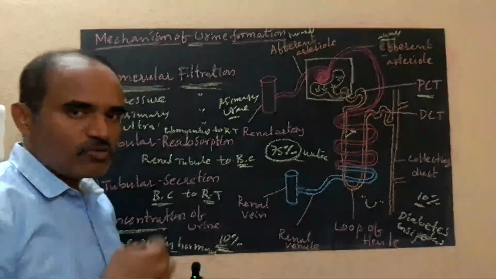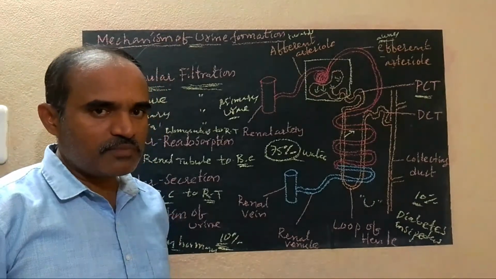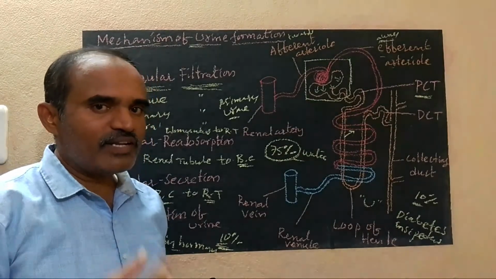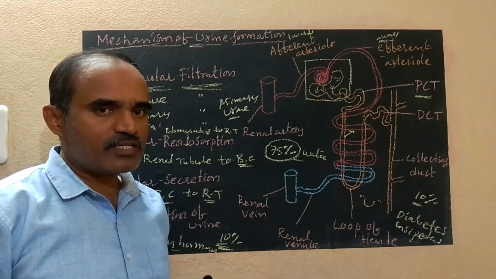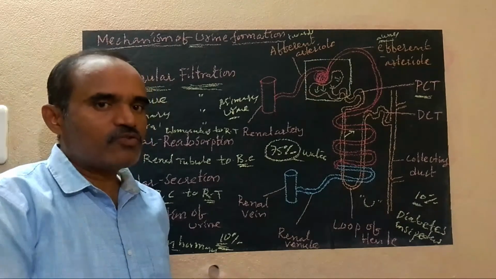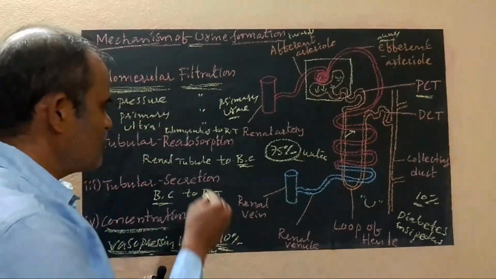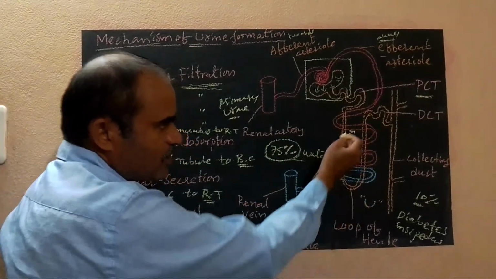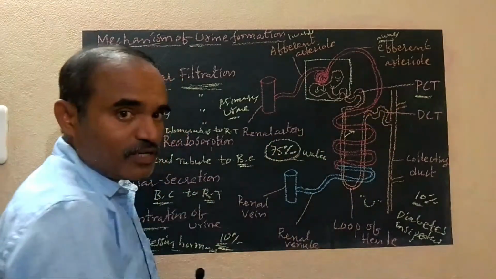The next stage is tubular reabsorption. All the useful and unuseful substances are filtered here. The useful substances are very essential for the body, like vitamins, proteins, carbohydrates, enzymes, hormones, and minerals. The renal tubule is a U-shaped structure. PCT, loop of Henle, and DCT are the parts of the renal tubule.